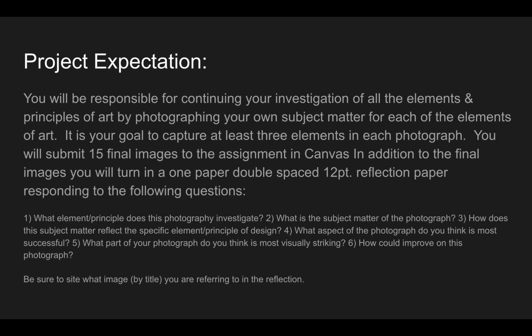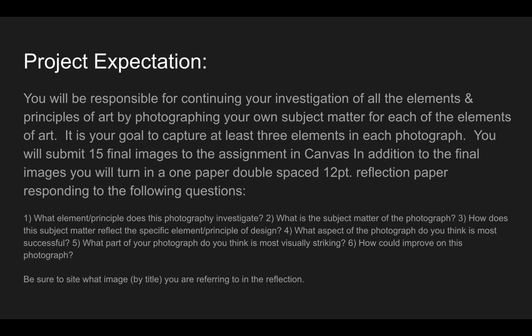In addition to the 15 images and labeling your top 3, you will turn in a reflection paper. The reflection paper is just your thought process and how you felt the project went and what you learned from it. Some other things you can write about are what elements or principles you investigated.